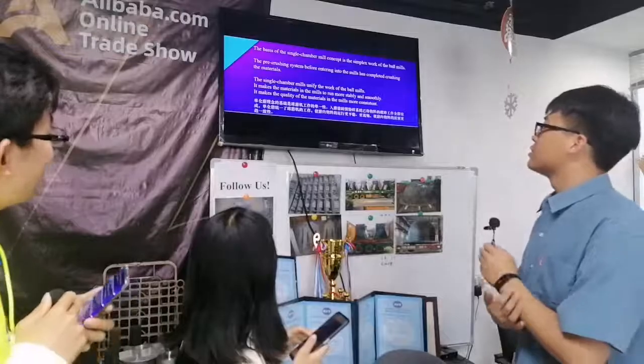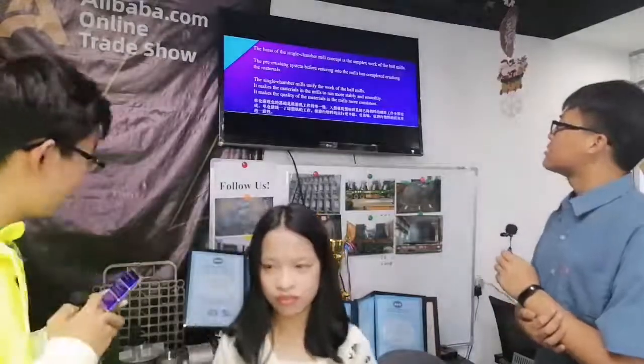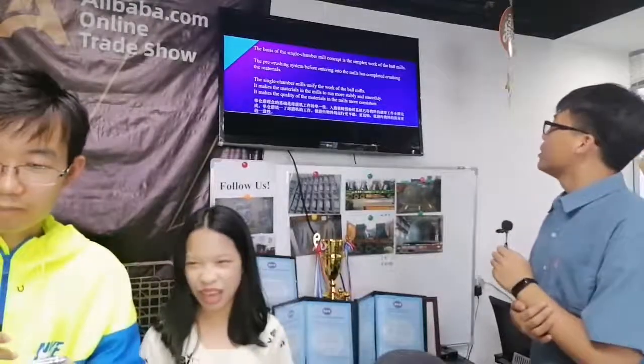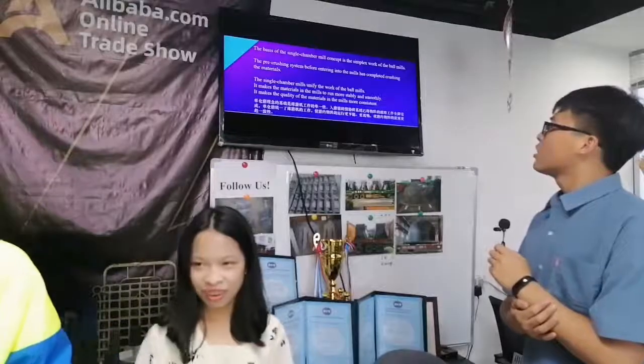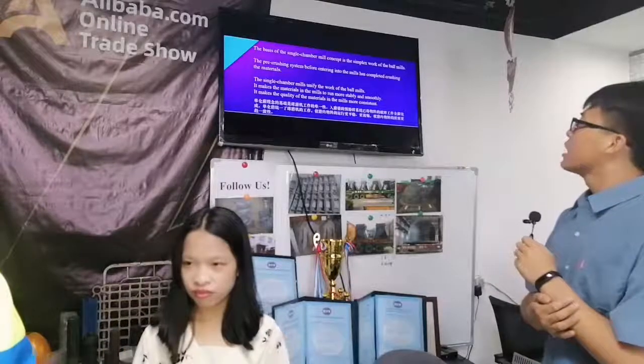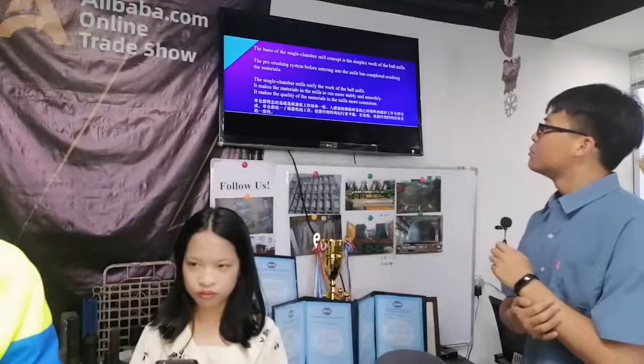The basis of the single compartment mill concept is to simplify the work of the ball mills. The crushing system before entering into the mills has completed the crushing of the materials.